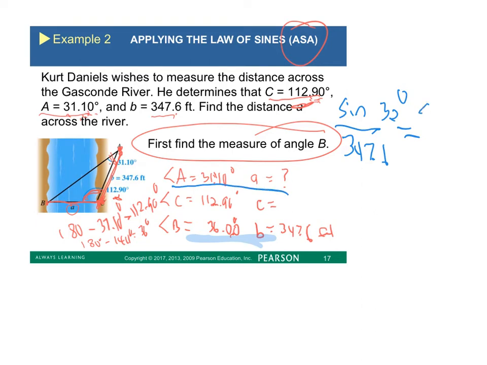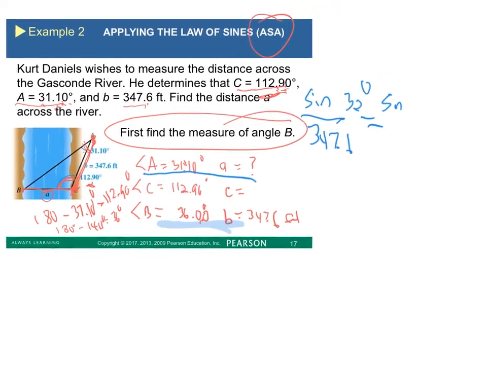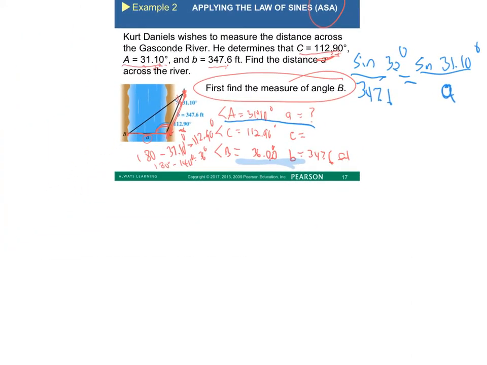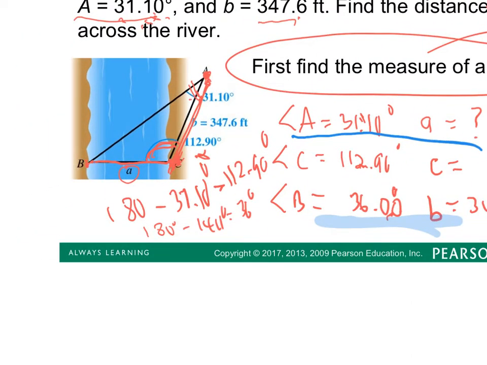Sine of, that was 31.10, over... that's the distance I want. That's the only one I wanted, was this one.